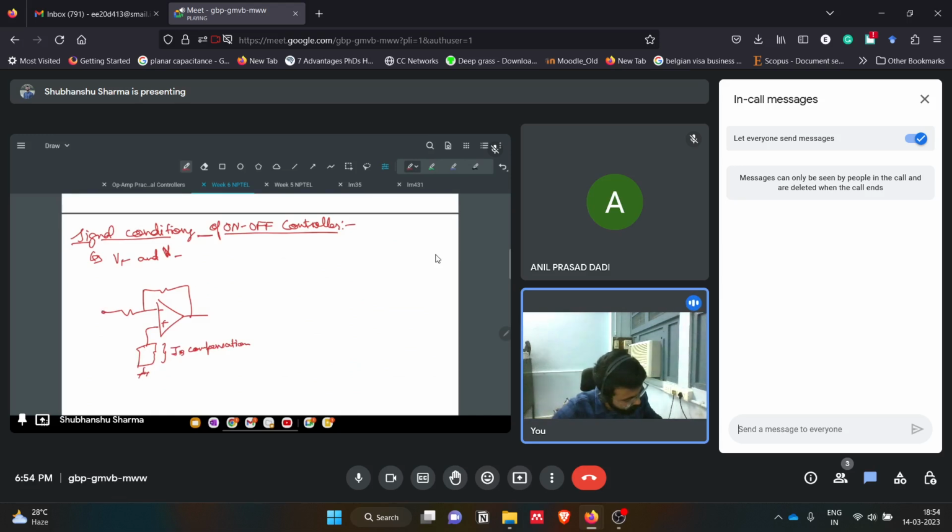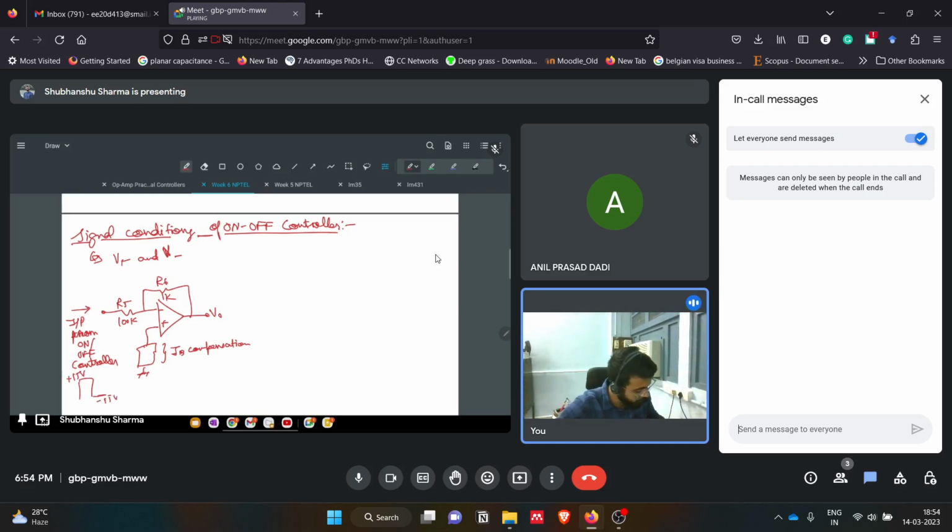We have the input from the on-off controller, and then some output. This is R5, this is R6. We will take this as 100k and this as 1k. Here we were having, let's say, plus 15 volt if it was the supply, then minus 15 volt, so it was varying like this.